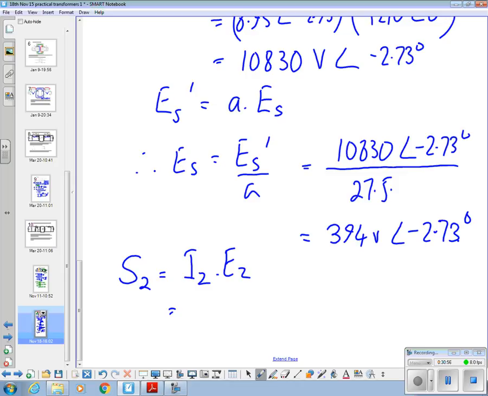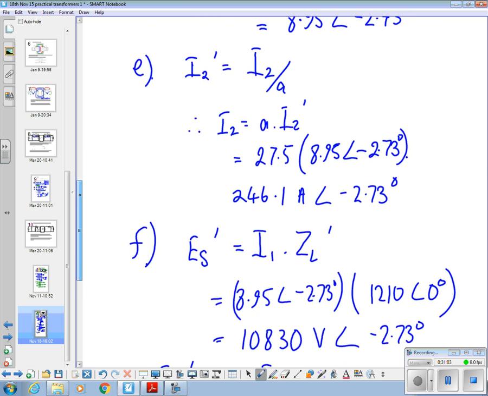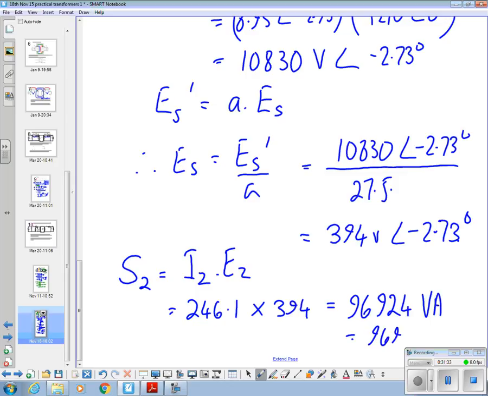That's 240 something amps, 246.1, times 394 equals 96,900 VA, equals 96.9 kVA.